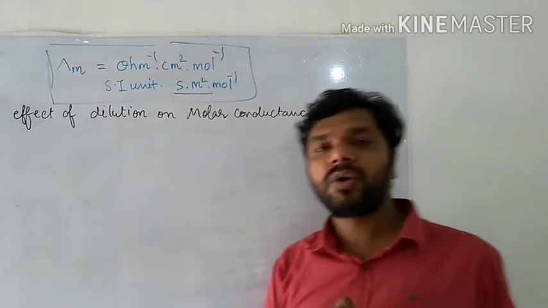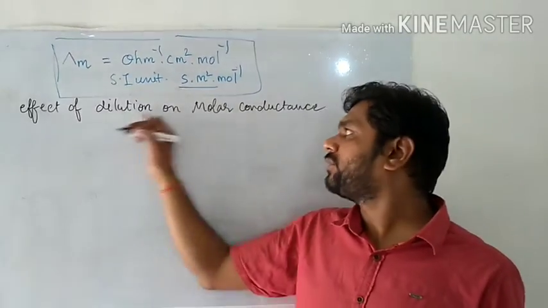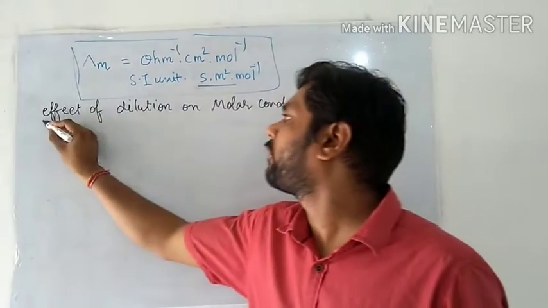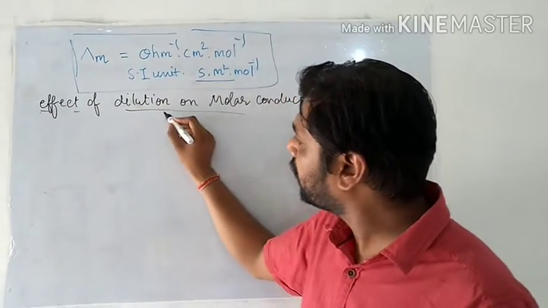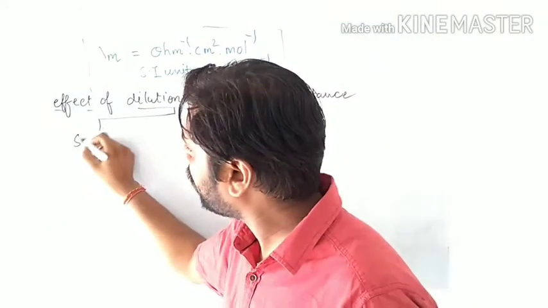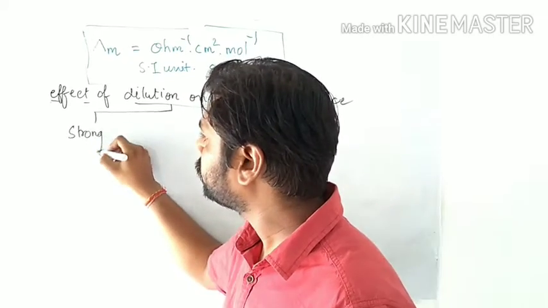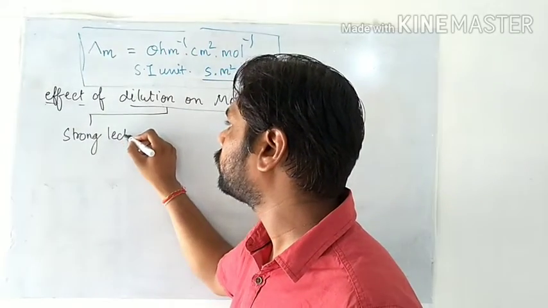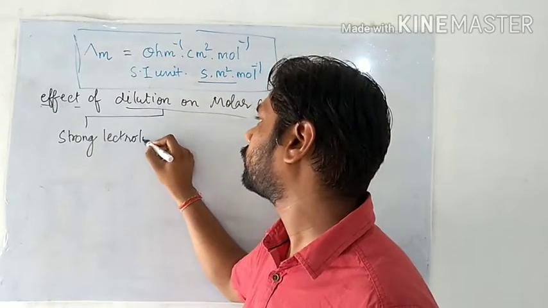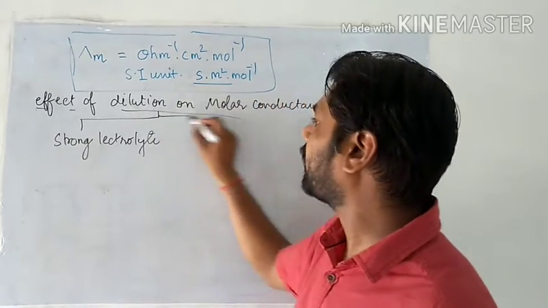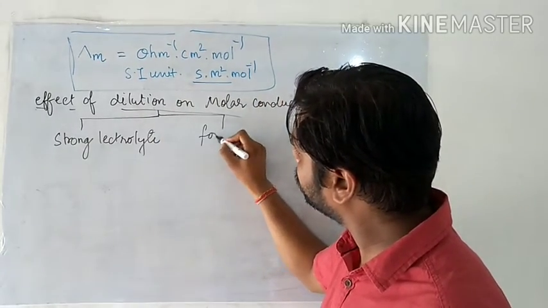There are two cases of dilution of a solution of an electrolyte. First we are taking a strong electrolyte, and second a weak electrolyte.